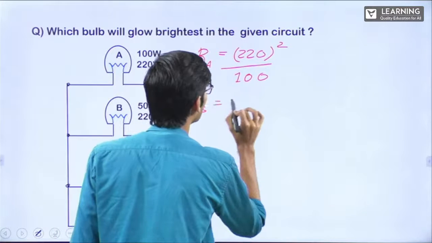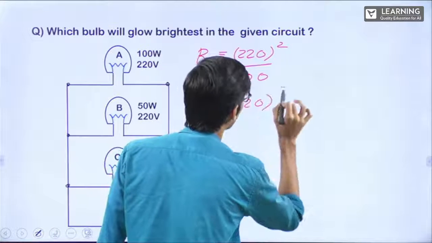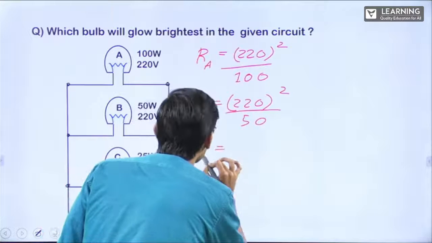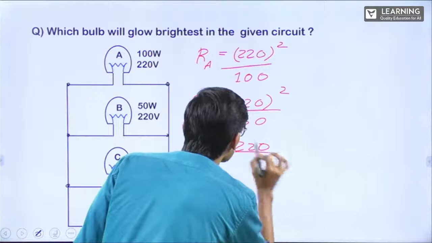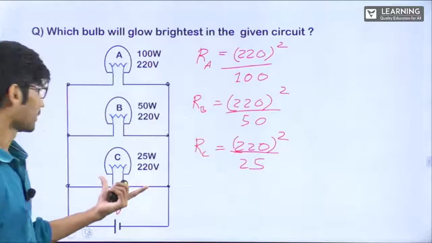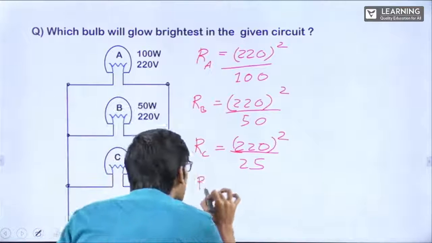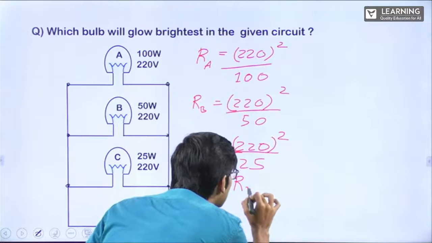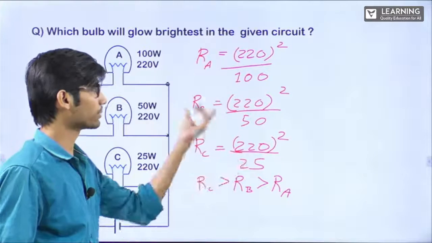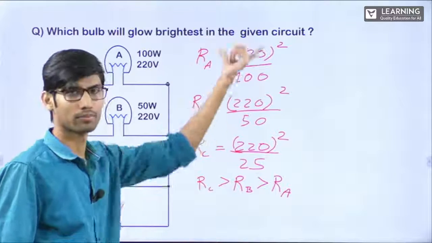RB will be 220 whole square by 50. RC is equal to 220 whole square by 25. Correct? RC is greater than RB is greater than RA. Inversely proportional, because these are same.